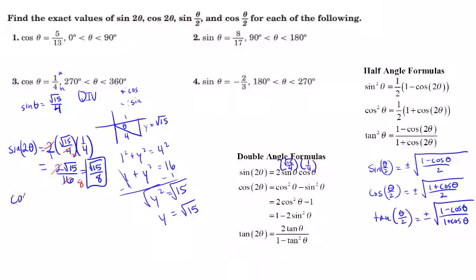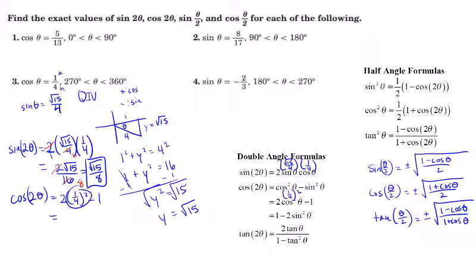So let's look at cosine of 2 theta. Now we can use any one of these formulas that we want. I'll just use this one since it won't have to deal with the radical, and that's one we could have done without finding this, right? So that would be 2, and instead of cosine squared, I'm going to put 1/4 squared, right? So it'll be 2 times 1/4 squared minus 1.